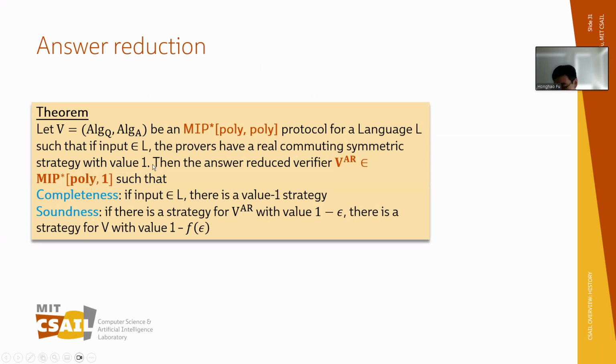Just think about that: they have an EPR strategy for this. Then we prove that the answer-reduced verifier is in MIP star poly 1, such that if the input is in L, there's a value 1 strategy, and if it's not in L, we have a constant soundness guarantee. This function F is independent of everything else. It only depends on epsilon.